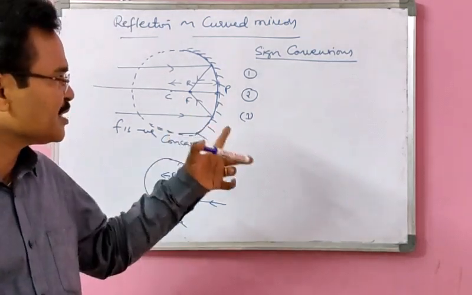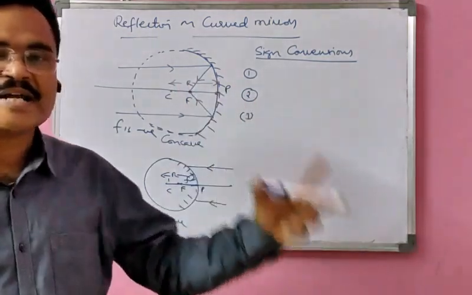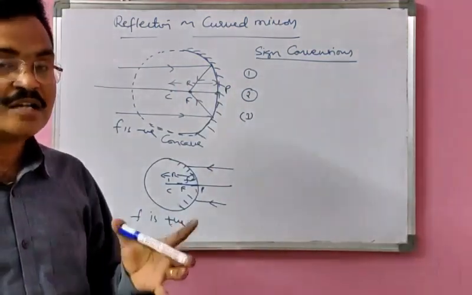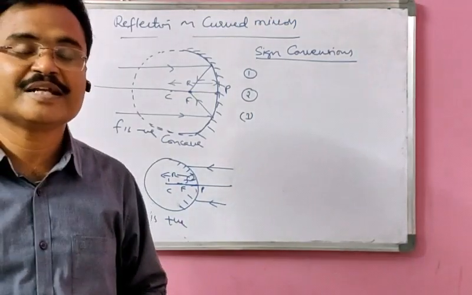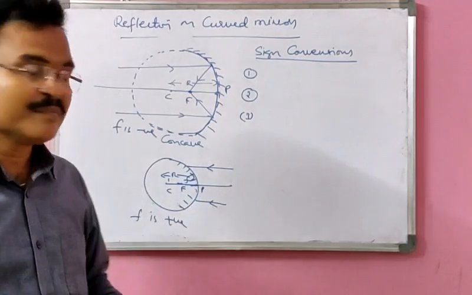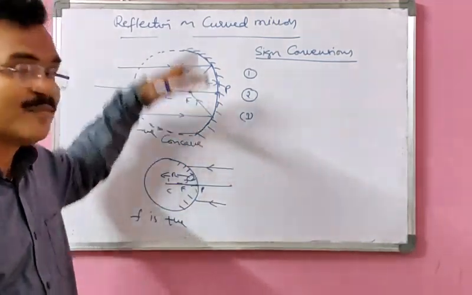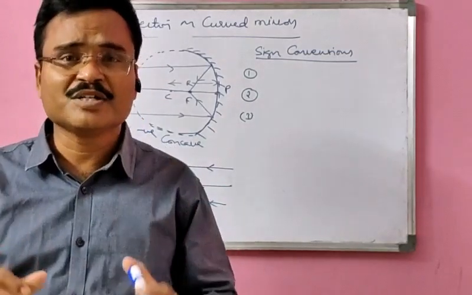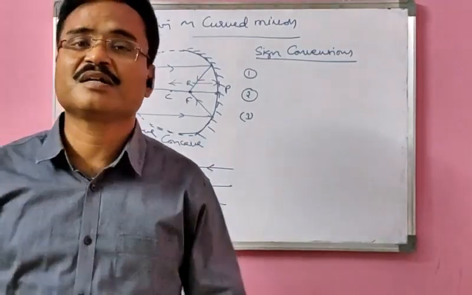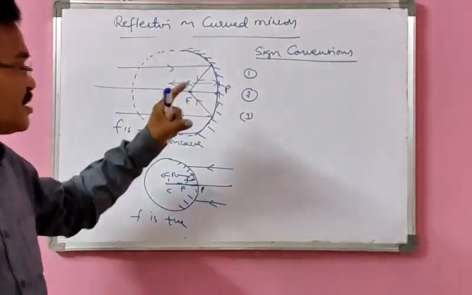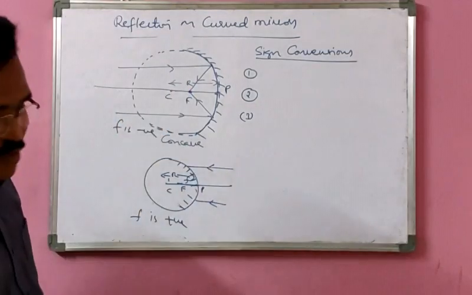Second one: the distances measured in the direction of the incident ray are taken as positive and those opposite to the incident ray direction are taken as negative. Third one: the heights measured above the principal axis are taken as positive and the heights measured below the principal axis are taken as negative. So these are the sign conventions we must follow.